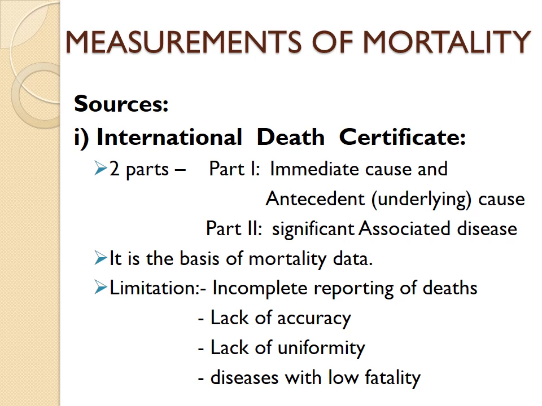This underlying cause, or antecedent cause of death, is the essence of the international death certificate, which means the disease or injury which initiated the train of morbid events, ultimately leading directly to death. And what is part 2? Part 2 signifies the associated comorbidities which contributed to death but did not directly lead to death.